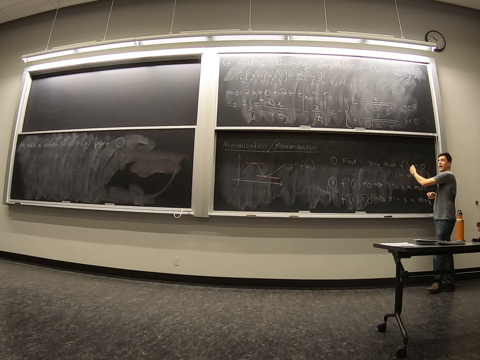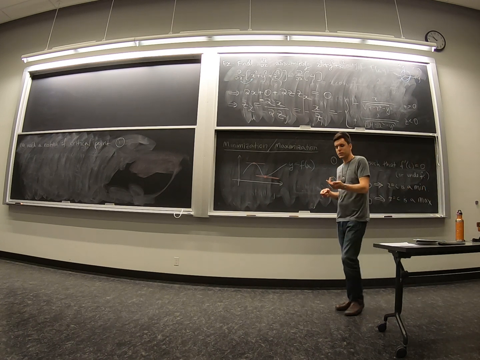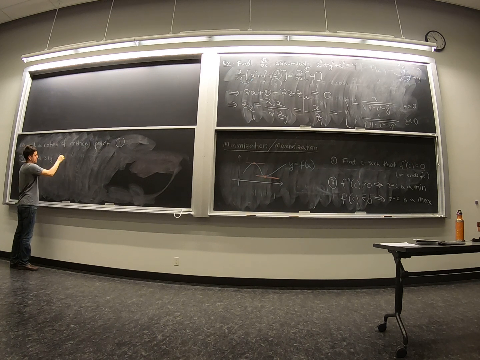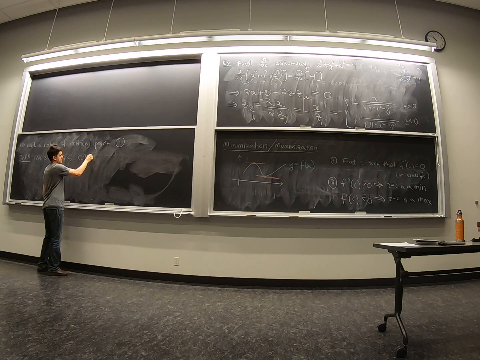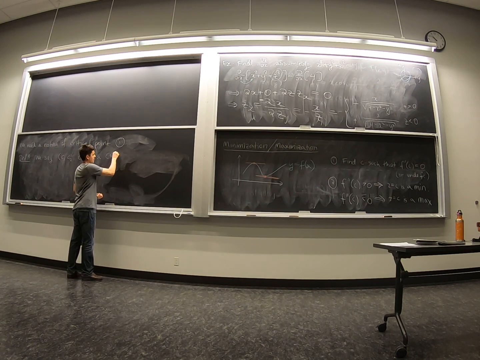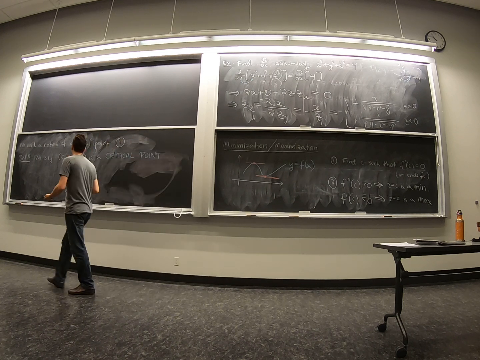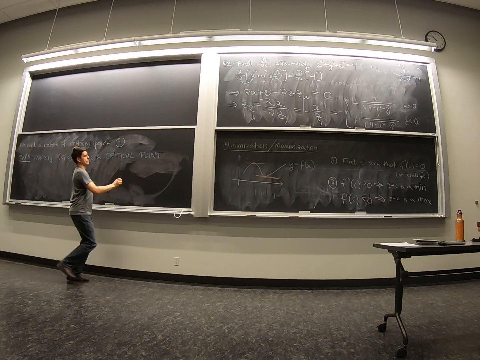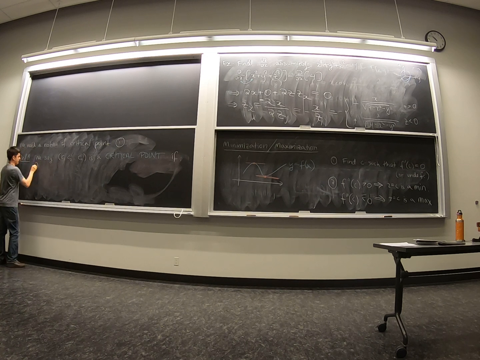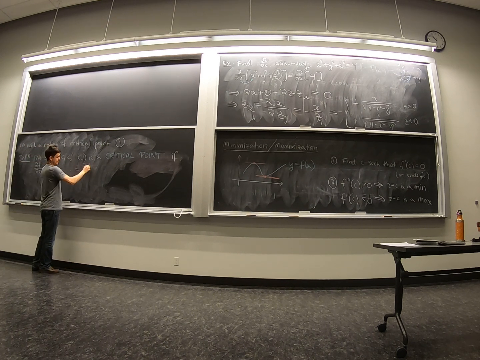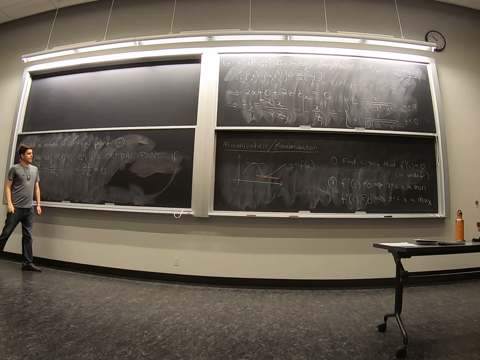So instead of saying the derivative in x is 0, let's say the derivative in x is 0, the derivative in y is 0, etc. So we'll say that something is a critical point if all of the partial derivatives at that point are 0.